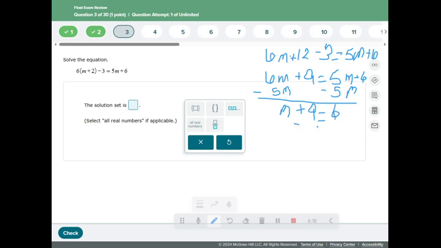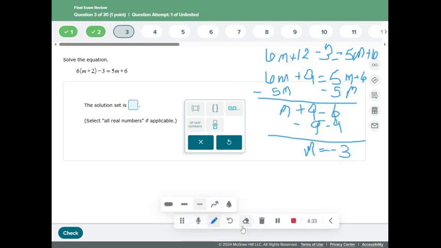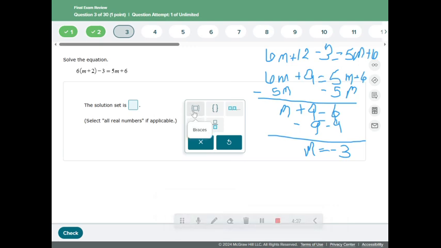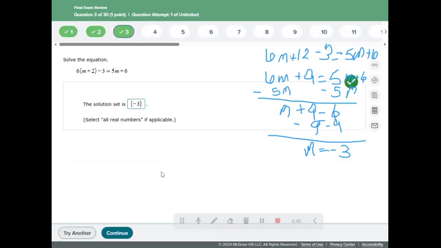And if we subtract 9 from both sides, we'll have m equals -3. So we will choose our braces and input -3 and hope I get it right this time. Yippee!